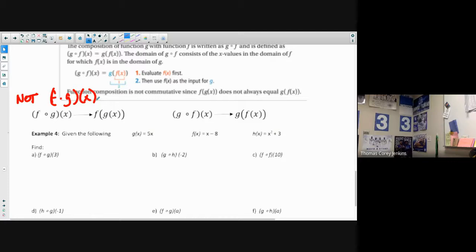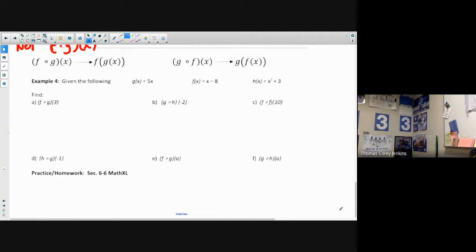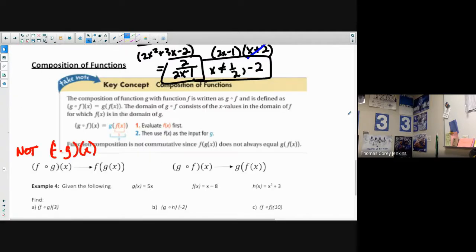All right, so then they give me g of x rule, an f of x rule, and h of x rule. H of x wouldn't factor, so we're not going to worry about any of that. It wouldn't really apply to this anyways, okay? So I'm going to show you a couple of approaches here. I think they outline that in the table. Well, I guess they only show you one way, okay?